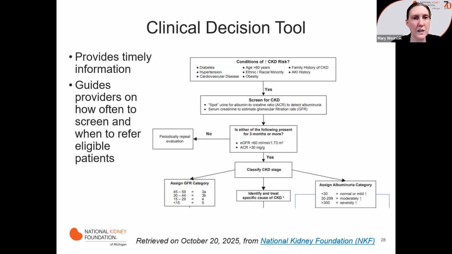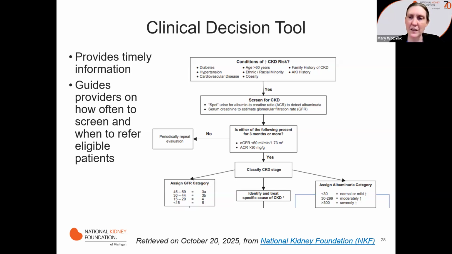It emphasizes assessing for any of the conditions that put a person at high risk of CKD, screening for CKD with those two tests, and repeating in 3 months if anything is abnormal. Then, if the abnormality remains, either a high ACR or a low eGFR, assign the GFR category, identify the cause of CKD, and assign the albuminuria category.